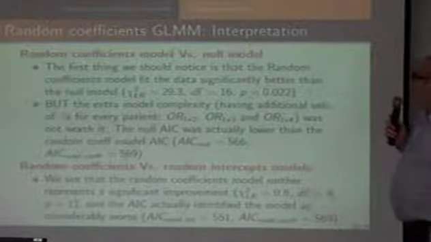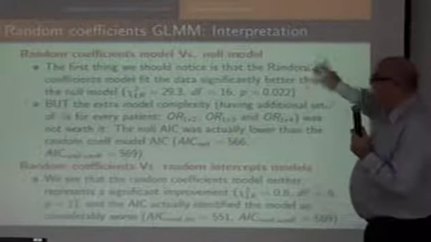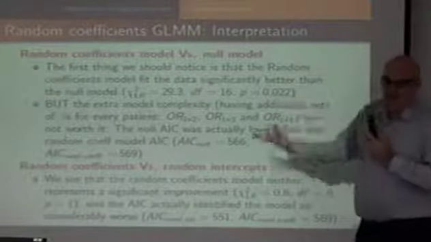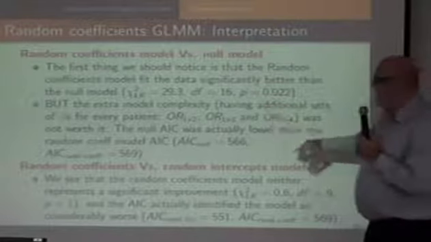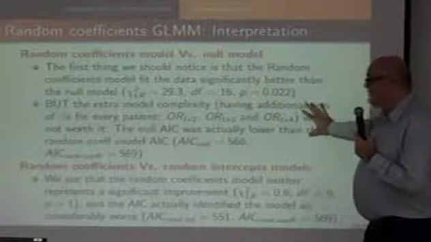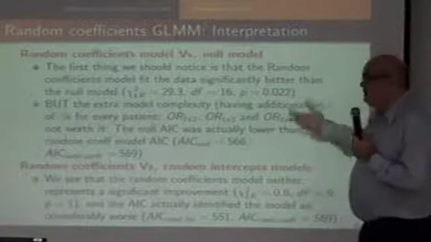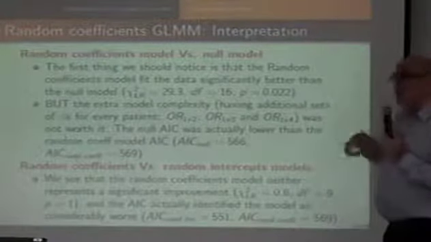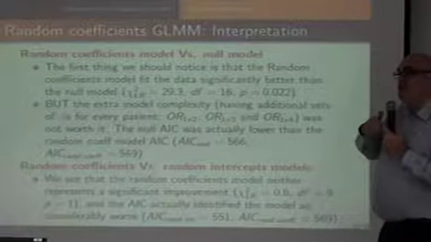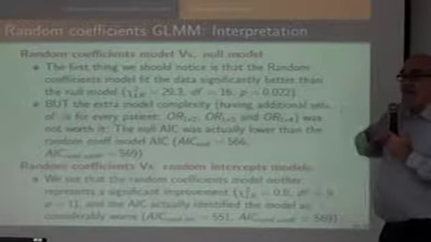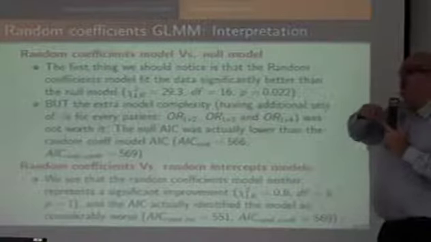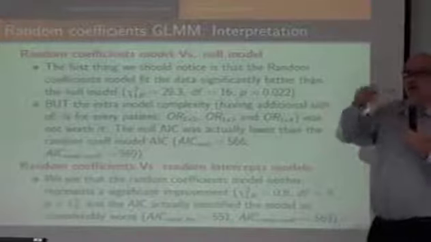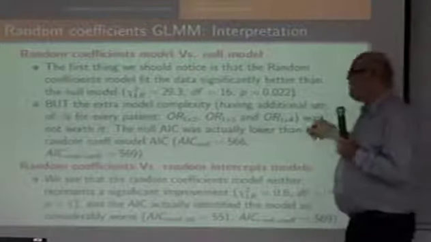Okay, so I've already just mentioned that. So first thing, the random coefficients model fit the data significantly better than the null model. That's no surprise, the null model has nothing in it. But the extra model complexity, having the additional set of betas for every patient, which is very expensive in this case, because don't forget, we're not talking about a continuous variable anymore. We're talking about odds ratios of time 1 to time 2, time 1 to time 3, and time 1 to time 4, was not worth it.